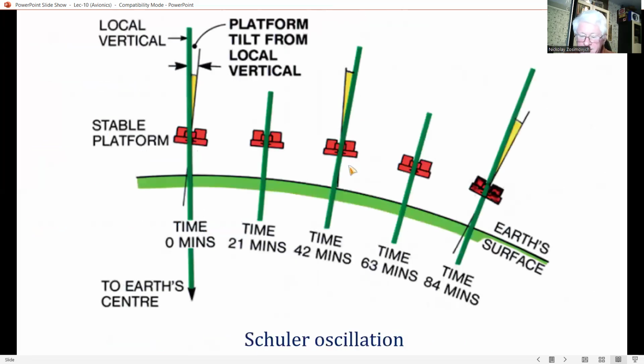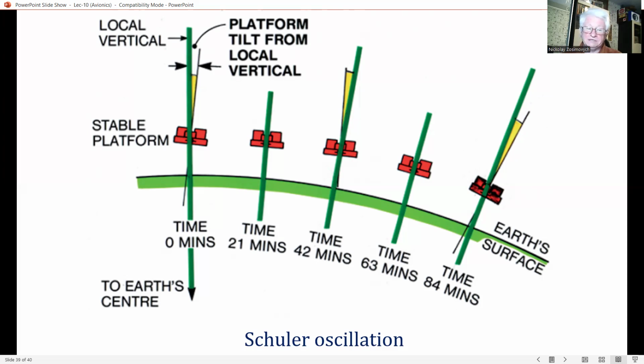A physical explanation of Schuler tuning is set out below for this now, as it is important to have a physical appreciation as well as a mathematical understanding. Referring to this figure on this slide, suppose the platform is being rotated at the same rate as the local vertical, but is tilted downward from the local vertical by a small angle, like we have this tilt delta theta.